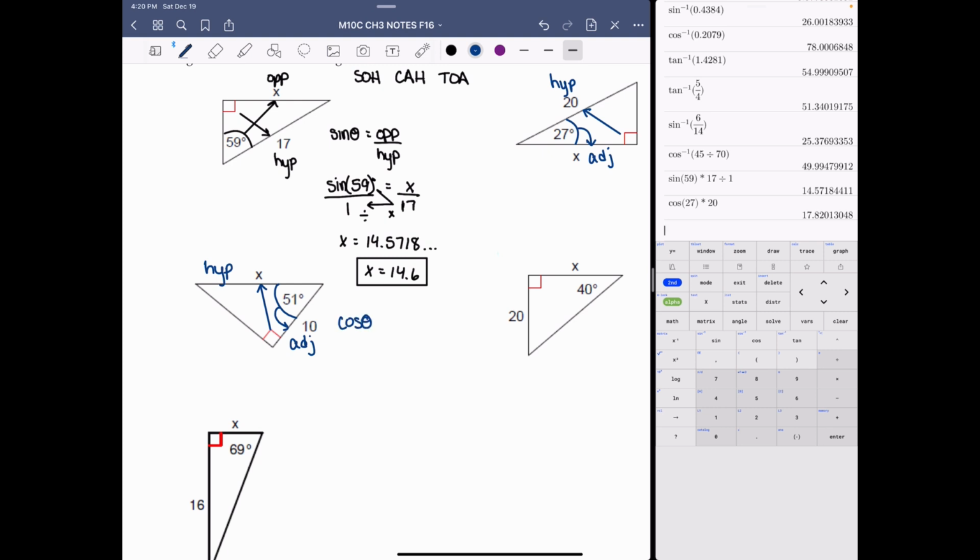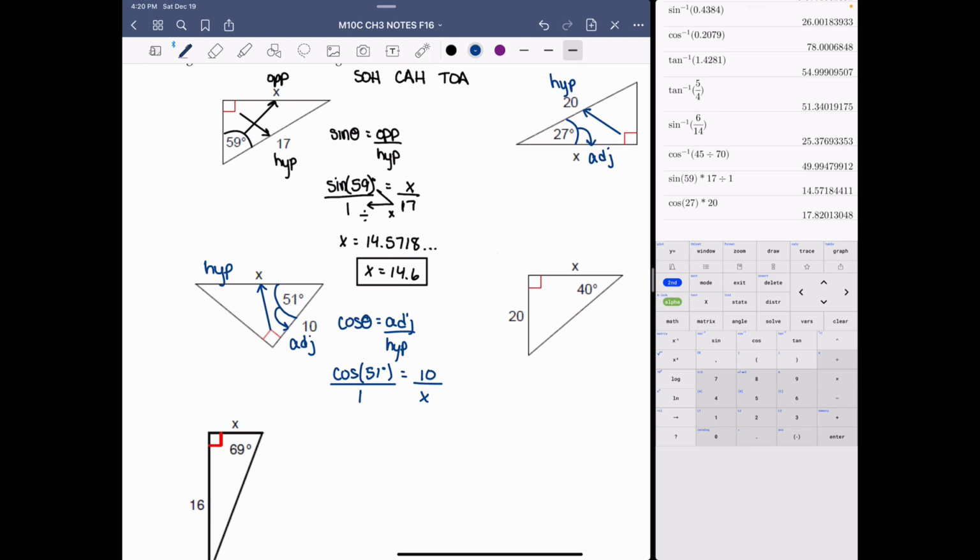Cos theta equals adjacent over hypotenuse. Plug in our values. Cos of the angle, which is 51 degrees, equals adjacent side is 10 over the hypotenuse, which is x. Put a 1 underneath the cos 51 to make it a fraction.